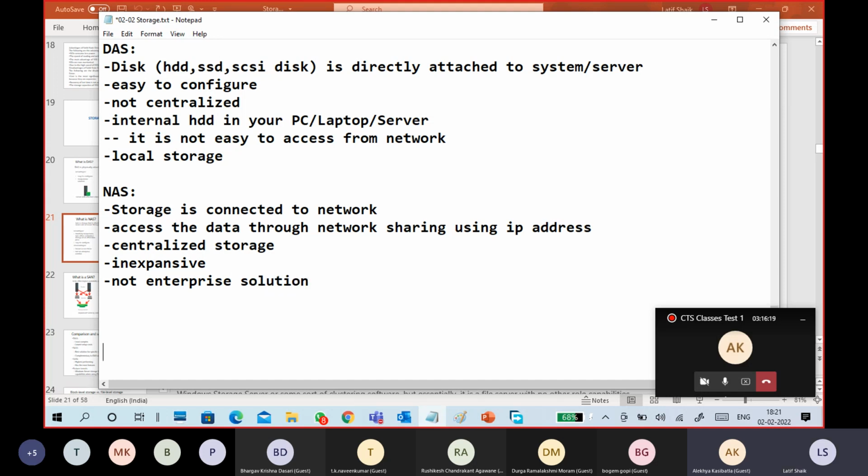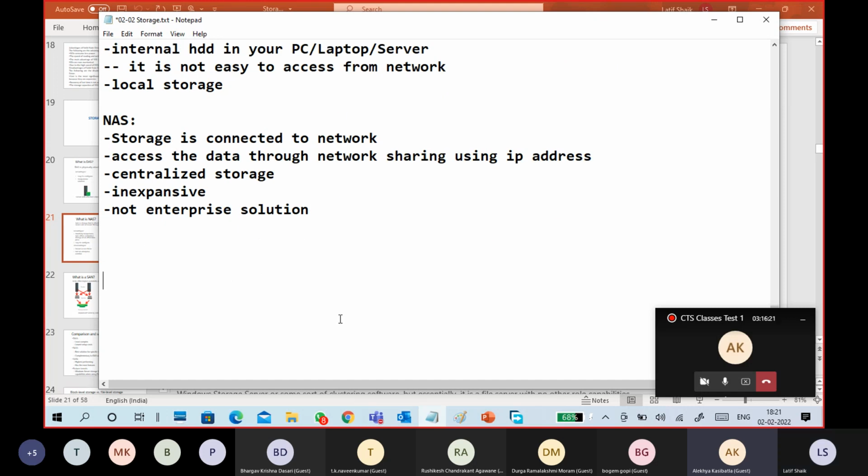Why is it not an enterprise solution? Not suitable for enterprise kind of stuff. It is file based. Okay, file level access.